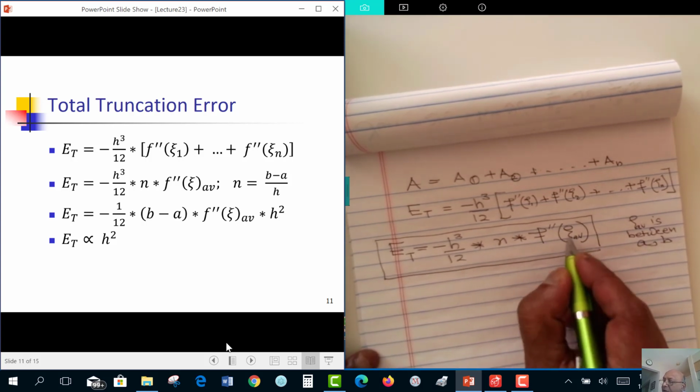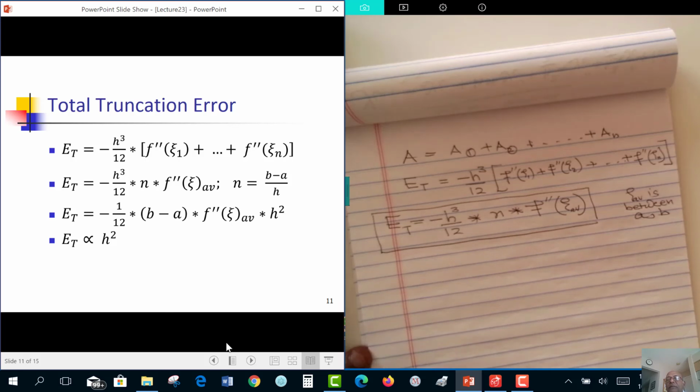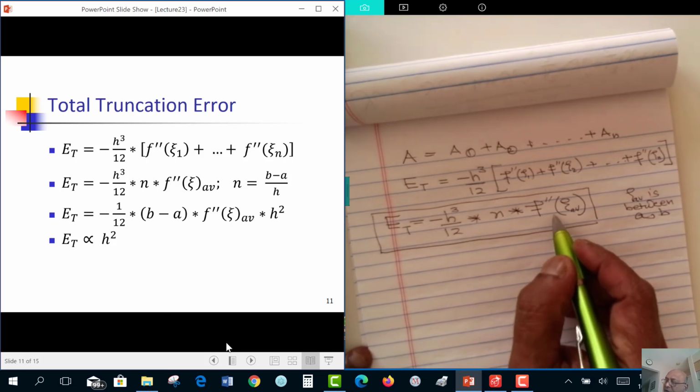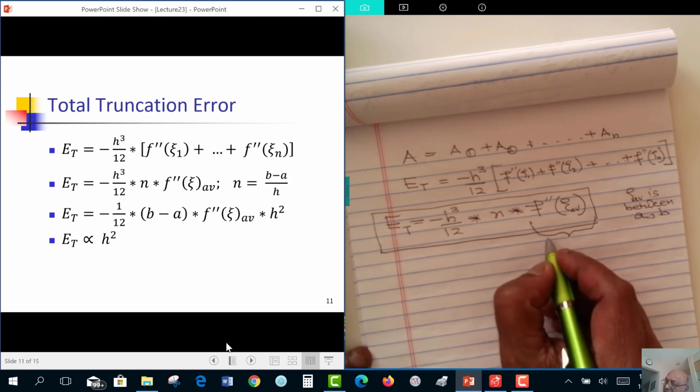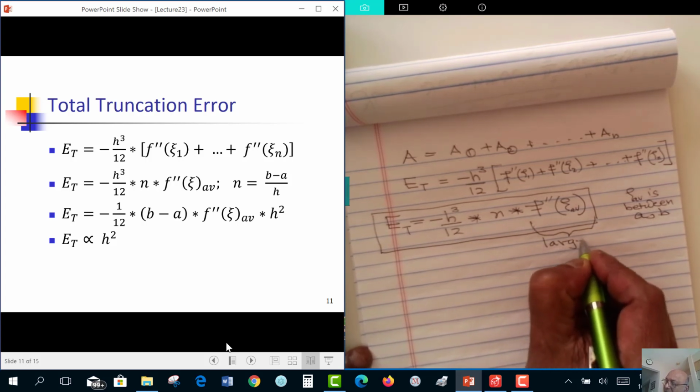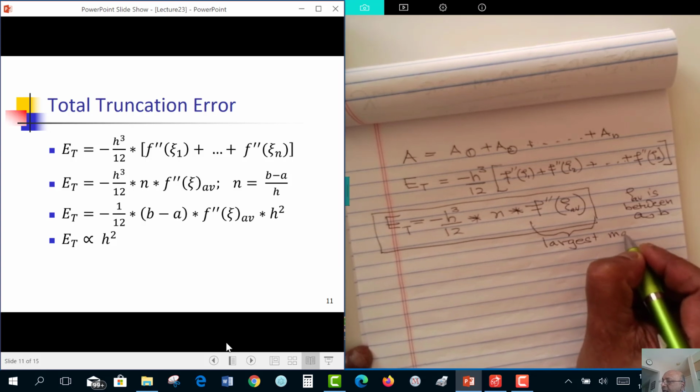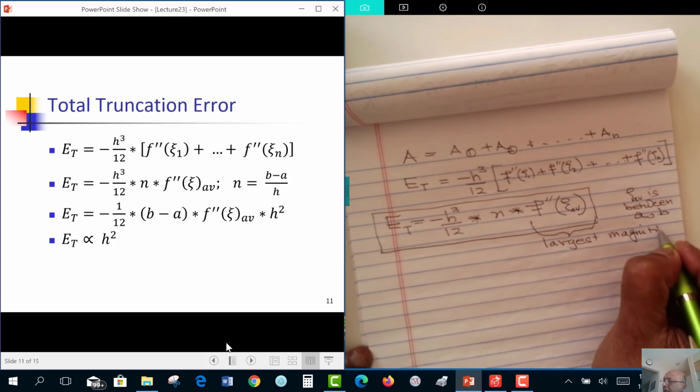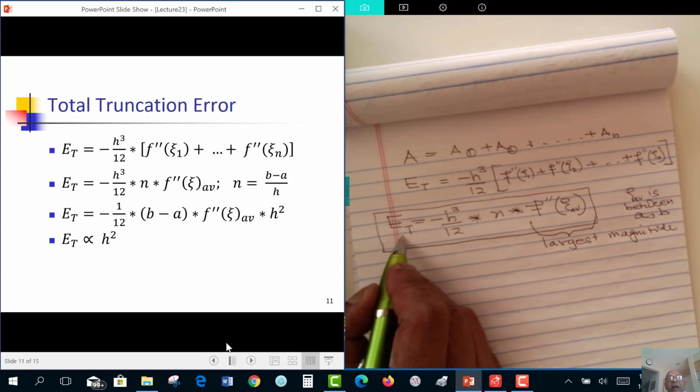So that would be our actual error, except we don't know this zeta average value. So what we are going to do eventually is find out the largest magnitude of the second derivative, and that will become our error bound.